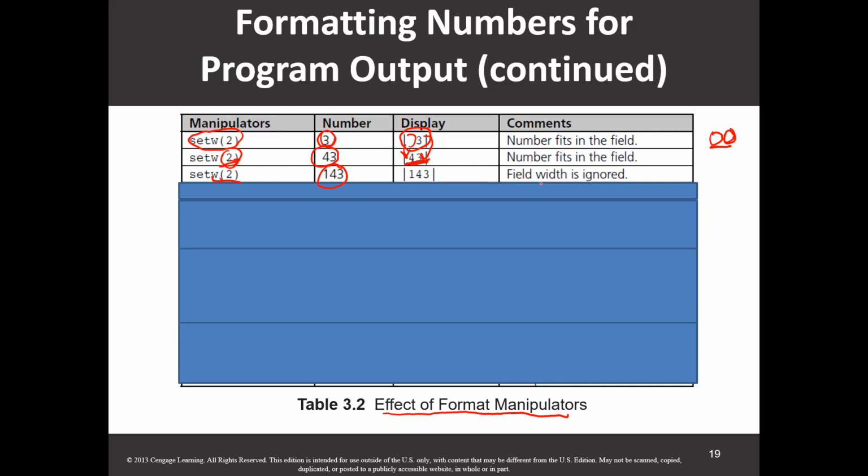It's going to be ignored. الفيلد width اللي هي الست W it's going to be ignored وننزل الرقم مثل ما هو. يعني سلامات أحذف لك واحد من الأرقام. I'm going to ignore your own comment. Okay, so this is the first situation: setw is smaller than the printed number. In this situation, the cout or the compiler is going to ignore the set width.